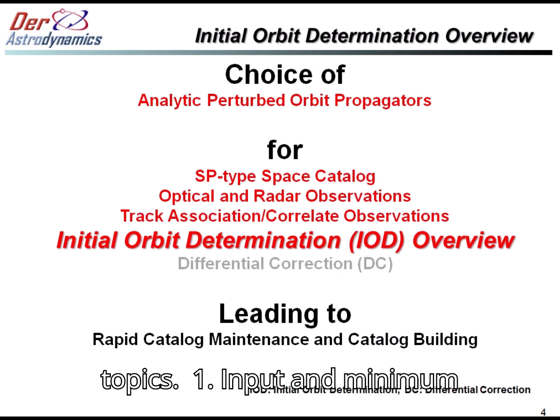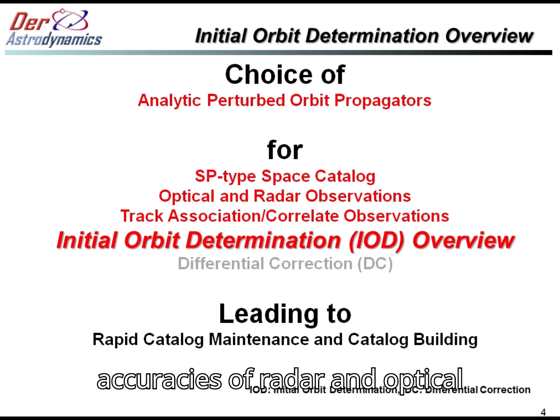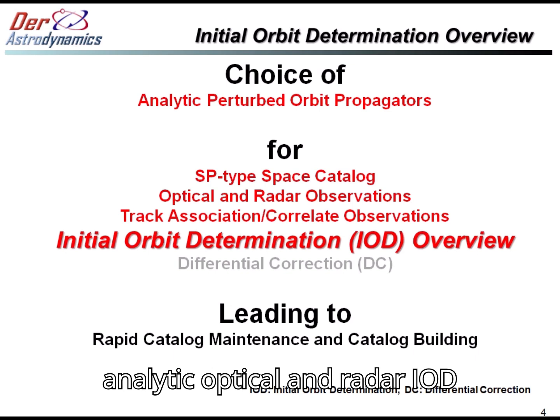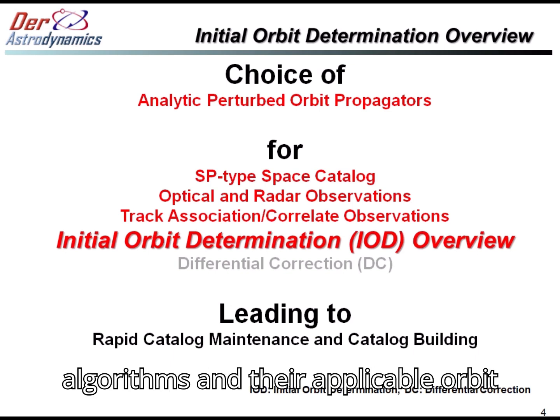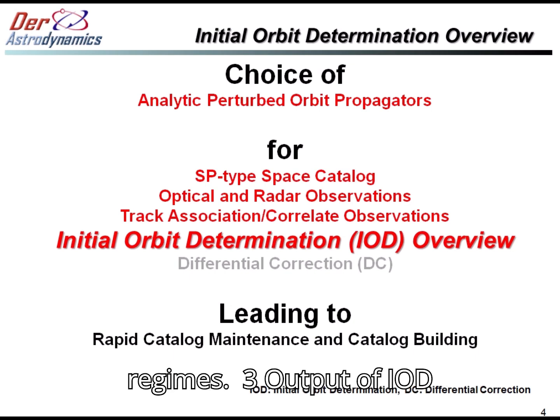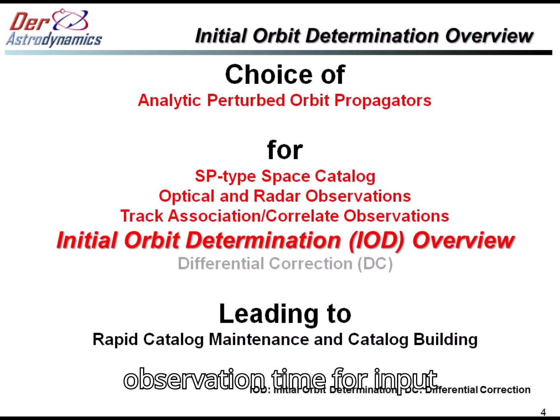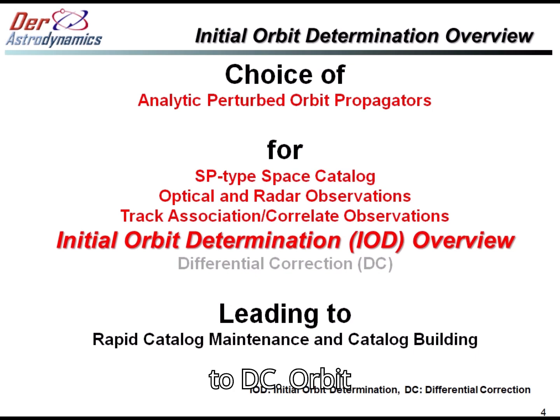Input and minimum accuracies of radar and optical observations. 2. The Astro analytic optical and radar IOD algorithms and their applicable orbit regimes. 3. Output of IOD is the initial state vector at the first observation time for input to DC.